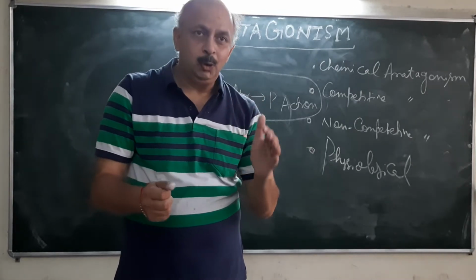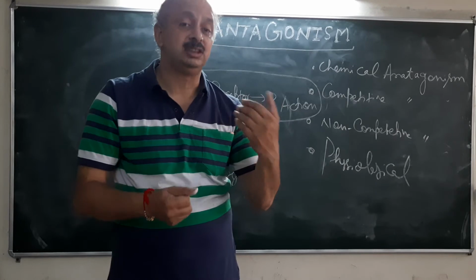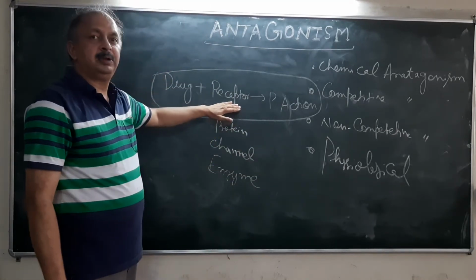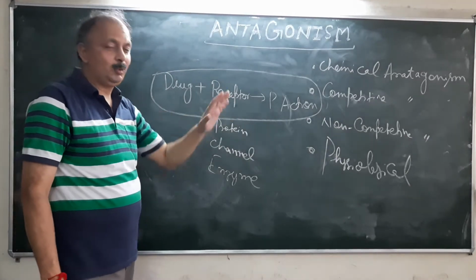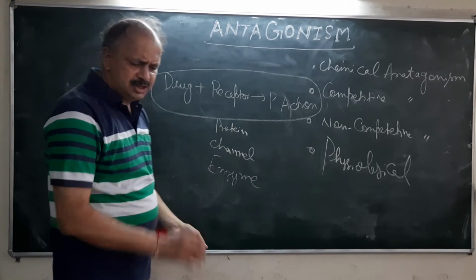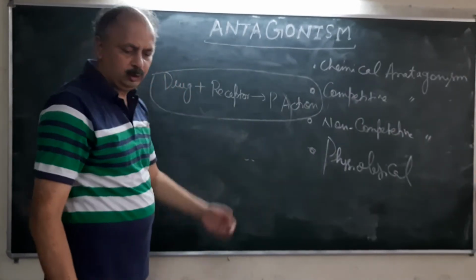तो जो compete कर पाएगी, जिसकी concentration ज़्यादा रहेगी, वो इस particular receptor के ऊपर जाके bind करते हैं. Once again, try to understand. Here, this is a general term. The drug has to combine with a particular receptor and show its pharmacological action.